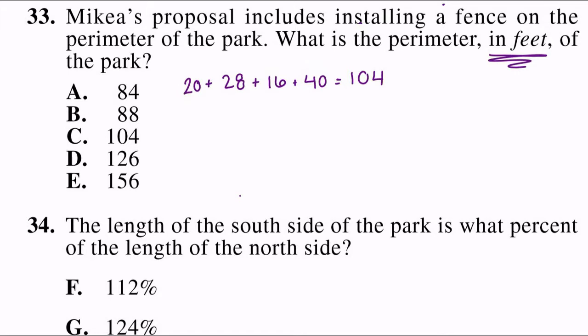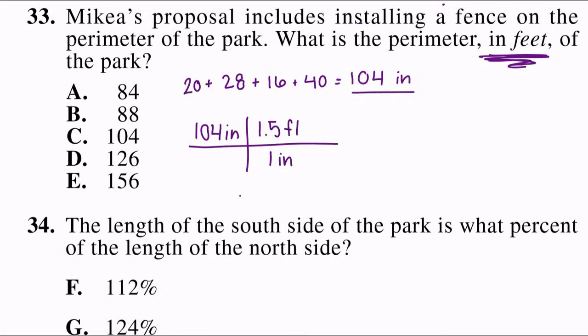104 inches. However, remember, this is in inches, and we want our answer to be in feet. So it'd be really easy to choose C right here, but we need to convert it to feet. So we know that we have 104 inches, and in this drawing, we know that for every 1 inch, it corresponds to 1.5 feet.